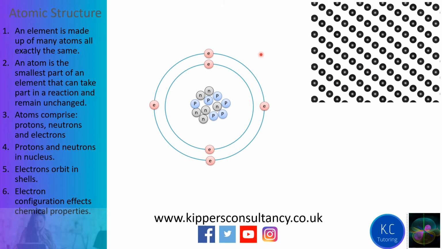An atom is the smallest part of any element that can take part in a reaction and remain unchanged. The atom is made up of protons, neutrons, and electrons, with the protons and neutrons in the center, called the nucleus, and the electrons orbiting around the outside in shells. Electron configuration affects the chemical properties of the atom.